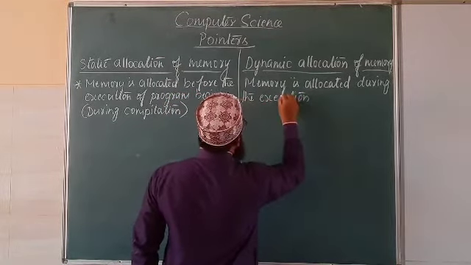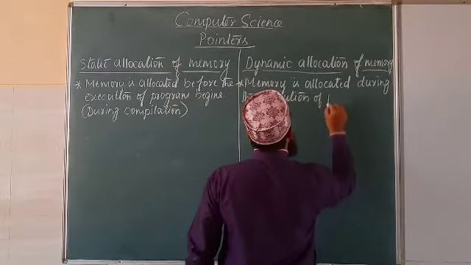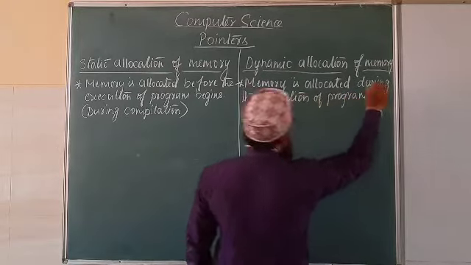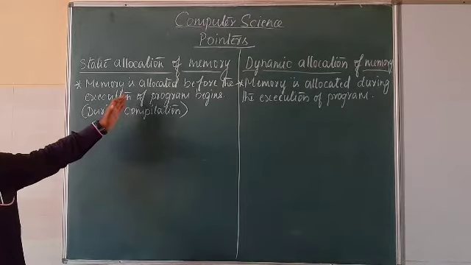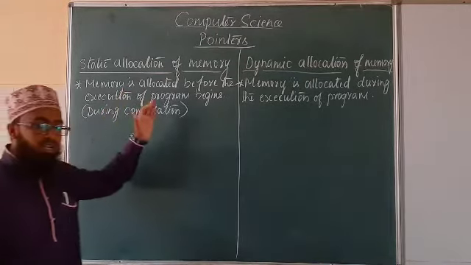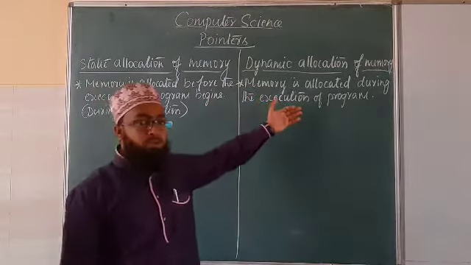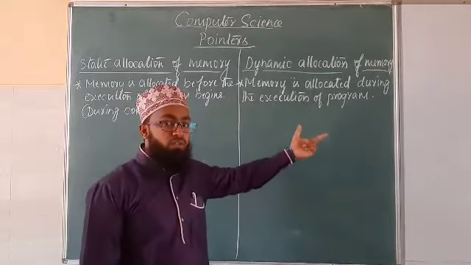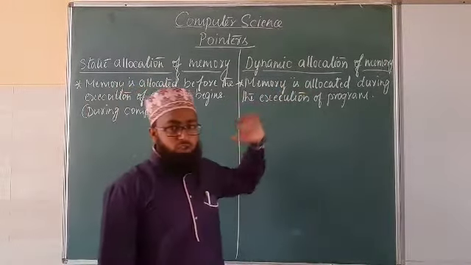In static allocation, memory allocation is done before executing the program, but here memory allocation is done at the time of execution of the program.